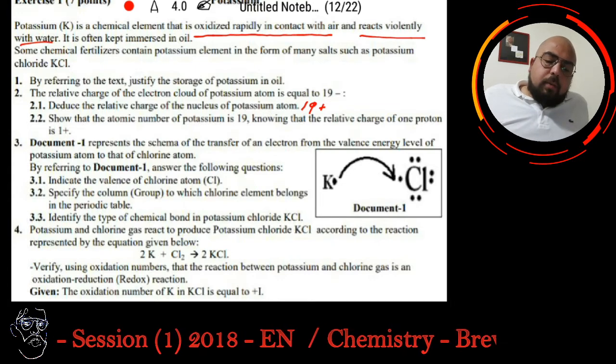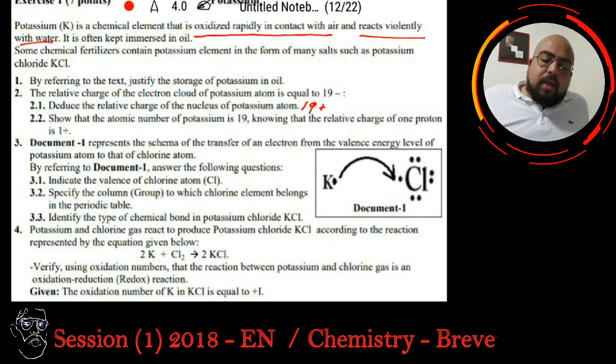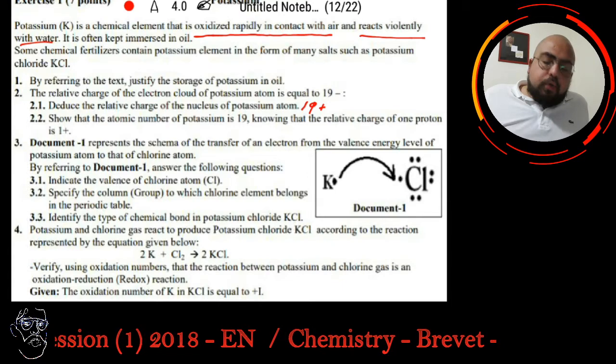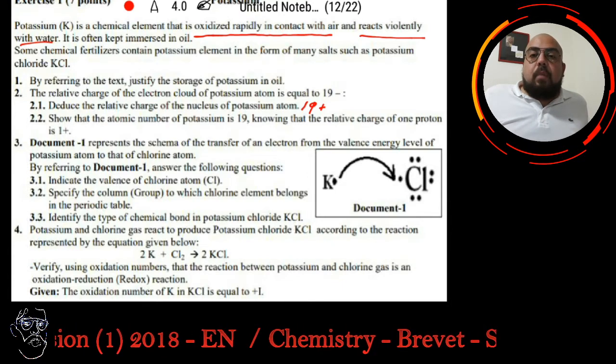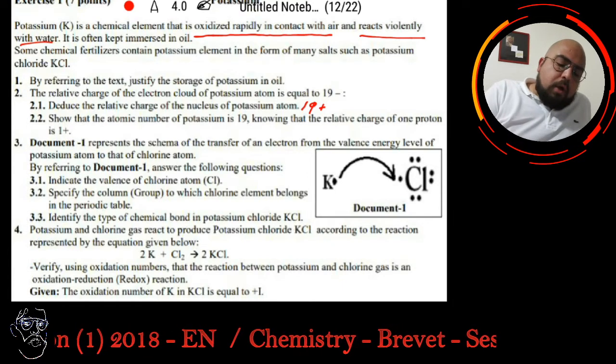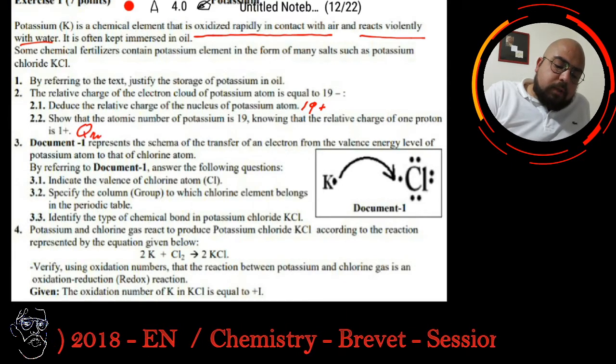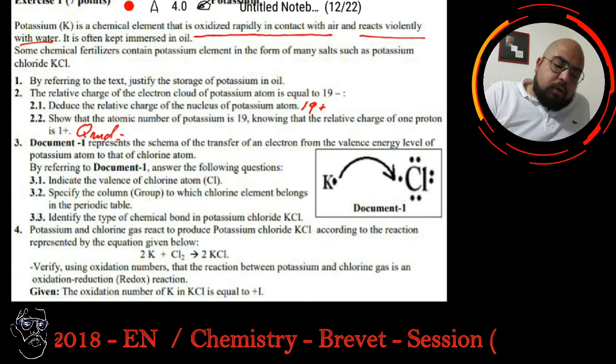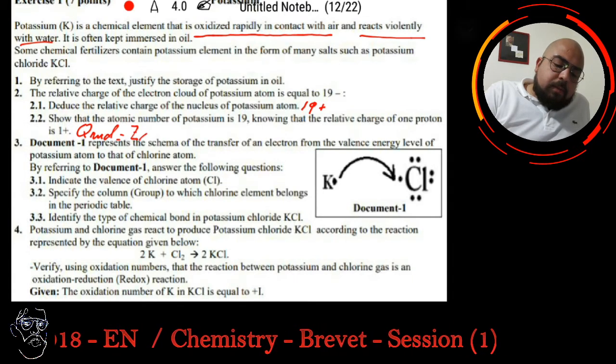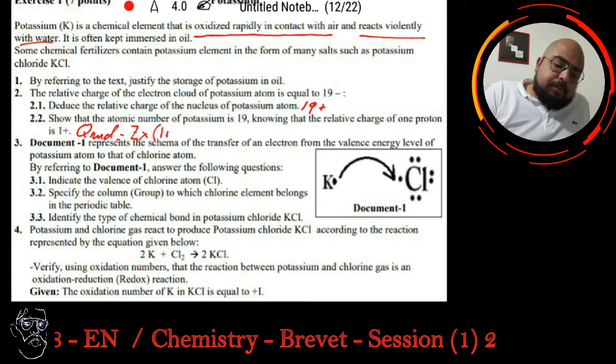Show that the atomic number of potassium is 19, knowing that the relative charge of one proton is 1 plus. So you can say that the charge of the nucleus, Q of nucleus, is actually equal to Z times 1 plus.